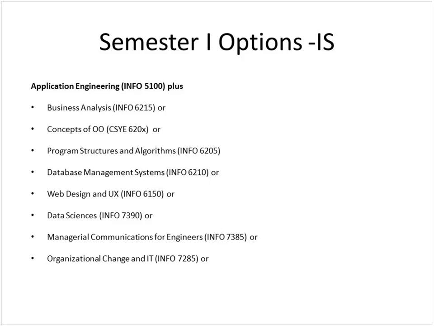So the program has been in existence since '81. We're very different. There are only 2 information systems programs that are part of the College of Engineering. It's us here at Northeastern, as well as Johns Hopkins, right?